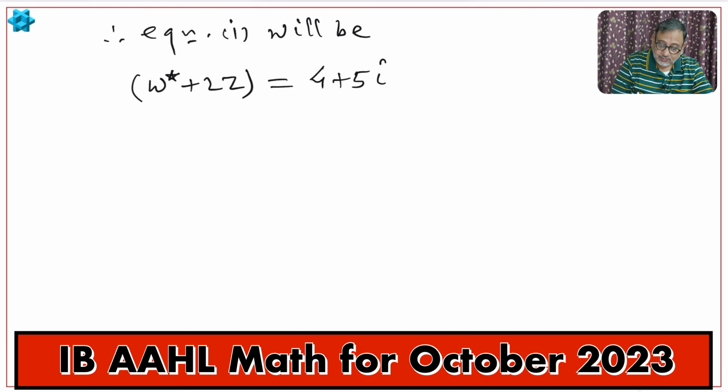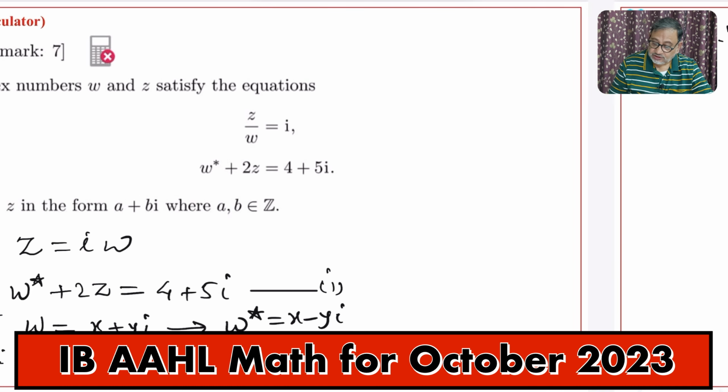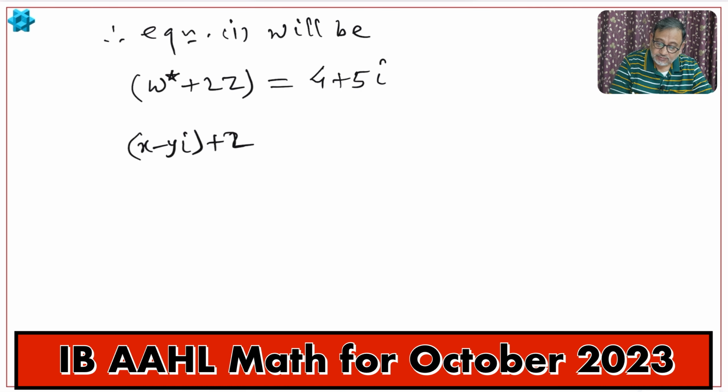So therefore w conjugate will become x minus yi plus 2 times z. Z we already found, minus y plus xi. So 2 times minus y plus xi, which is 4 plus 5i.